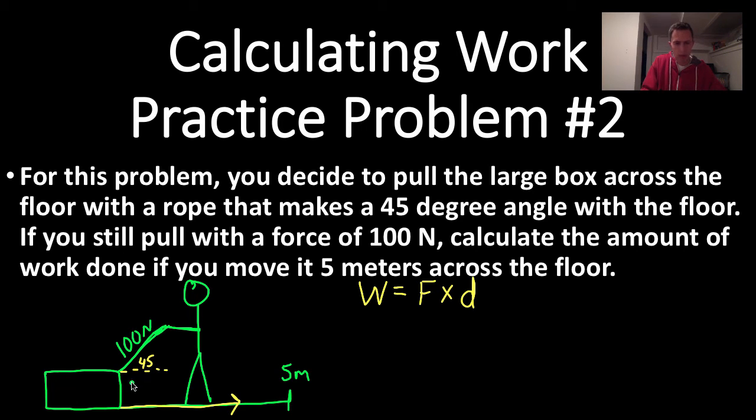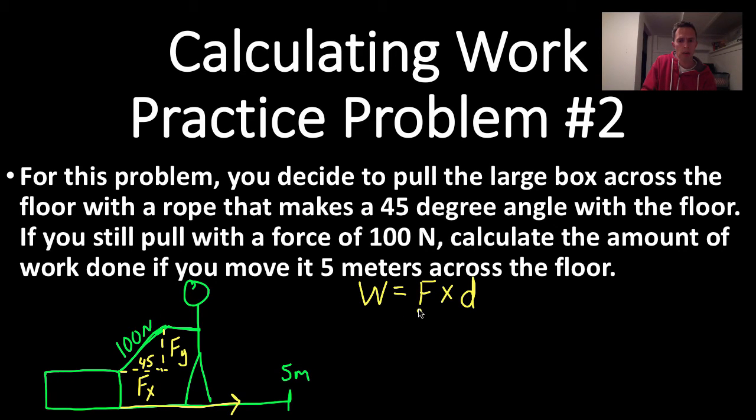I started doing that with this dotted line here, but let's continue drawing this triangle and closing it off. If this force is 100 newtons, a component of that would be along the x-axis. I call this Fx, or the force in the x direction, because it's going horizontal. The vertical component I'm going to call Fy, because it's going along the y-axis.